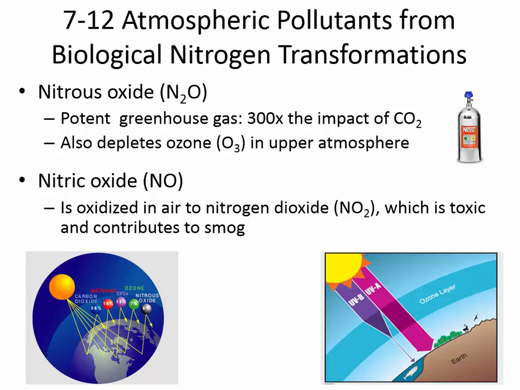This is just illustrating the importance of the ozone layer as it filters out UVB rays. When you have a chemical like nitrous oxide that's depleting the ozone layer, that can cause problems to vegetation, and humans can get higher rates of skin cancer, especially at the polar regions.